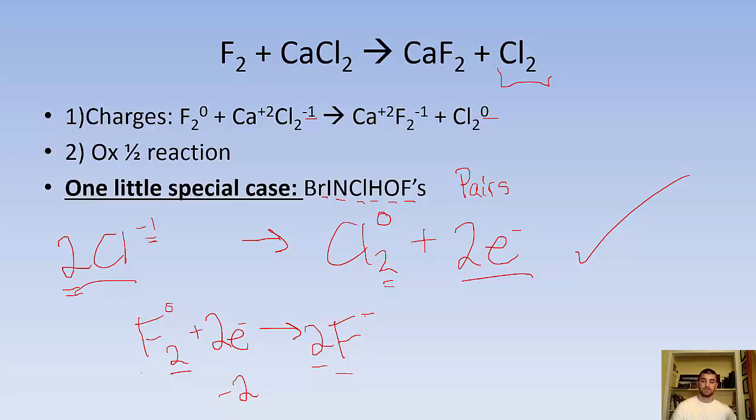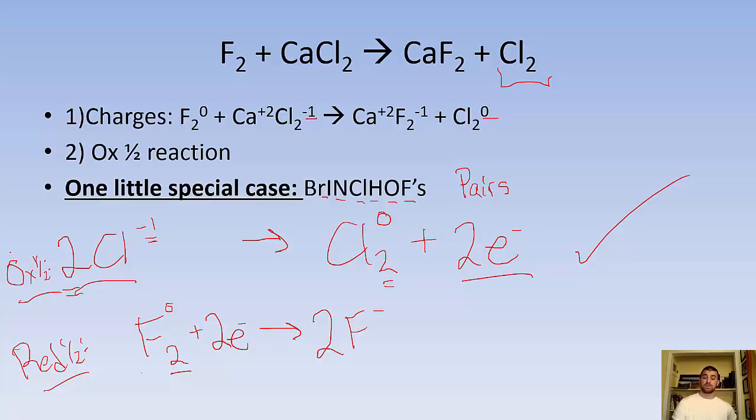I got 2 minuses on the right side. Charges are balanced. So this is my balanced reduction half reaction, and that was my oxidation half reaction. Right? Not so bad. Just got to be careful of those Brinkelhoffs.